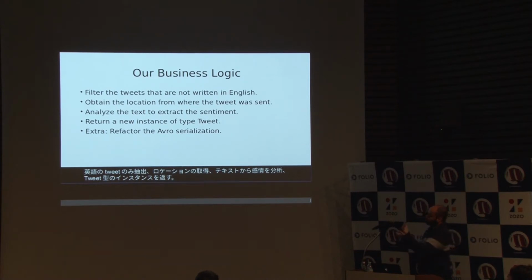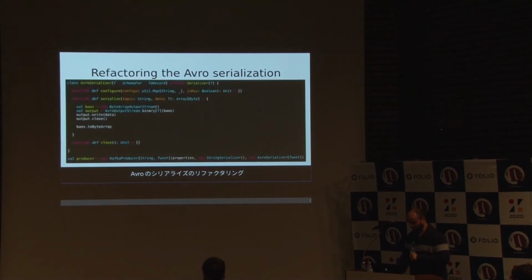Then we are going to analyze the text of that English tweet, and we are going to return a new instance of that type. And as an extra, we are going to remove that ugly Avro serialization that we have there, and we are going to put it somewhere else. And because that's an extra, we are going to do that first.